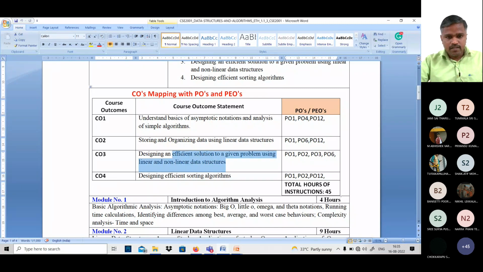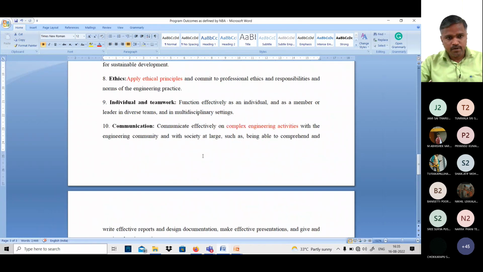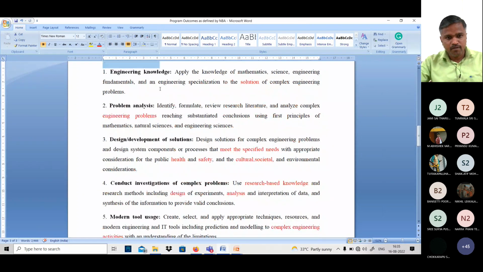Likewise, designing solutions using linear and non-linear data structures, course outcome 3, maps to engineering knowledge and problem analysis, developing the solution.